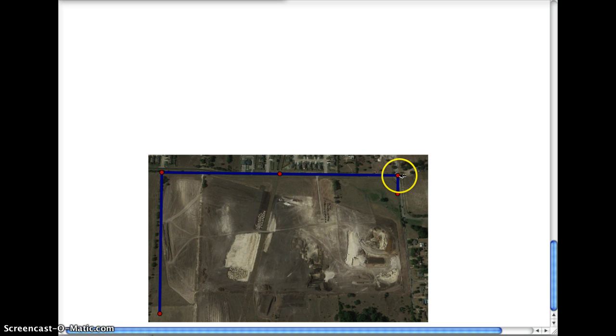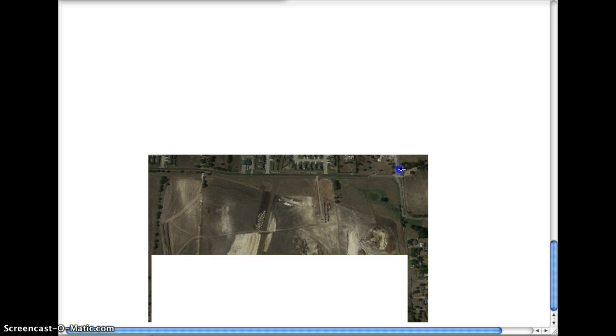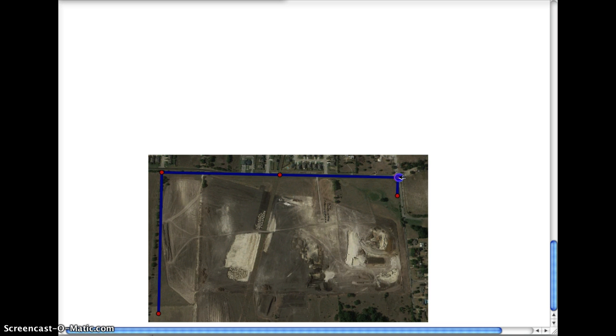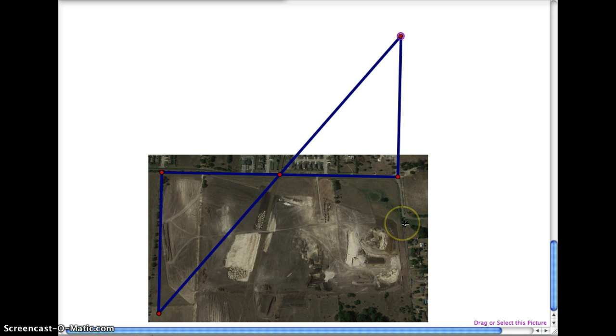But what I can do is keep driving. I can keep driving down Walnut Grove and have a line of sight, and I've driven off the map until now I see the end of the property. Essentially, I've created two triangles, which we just proved a second ago are going to be congruent, right?